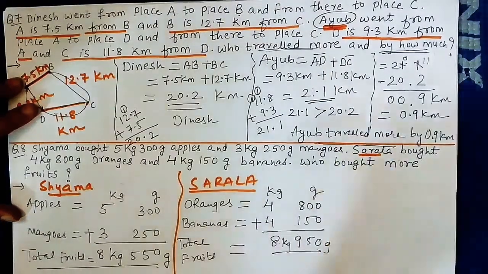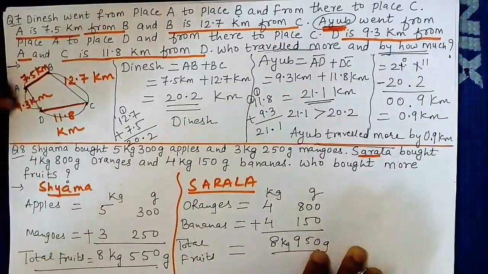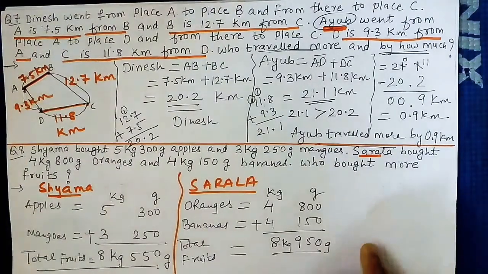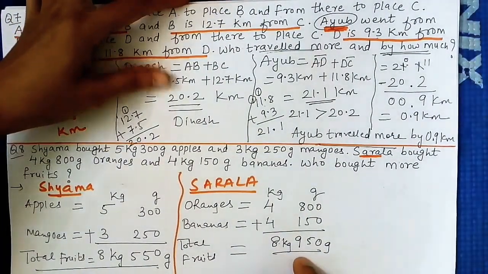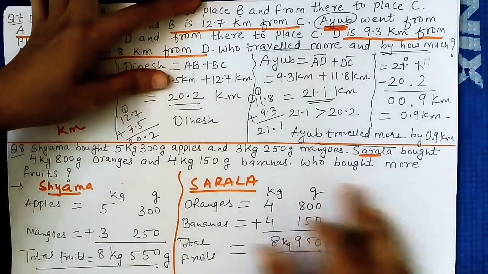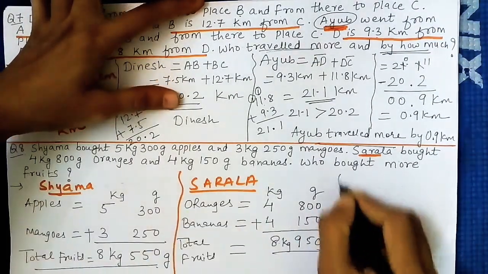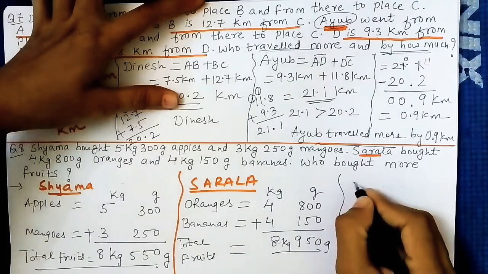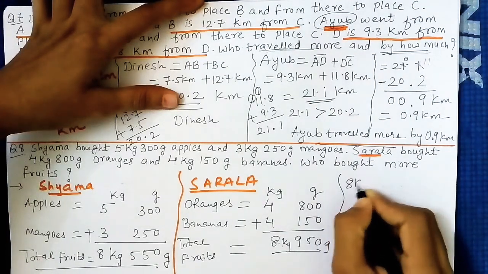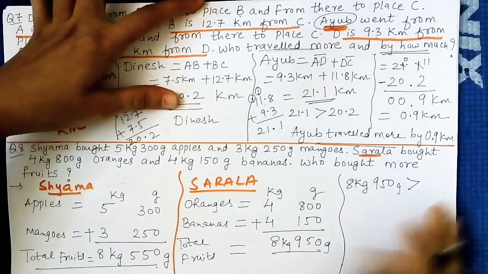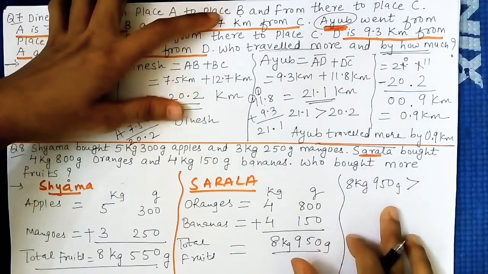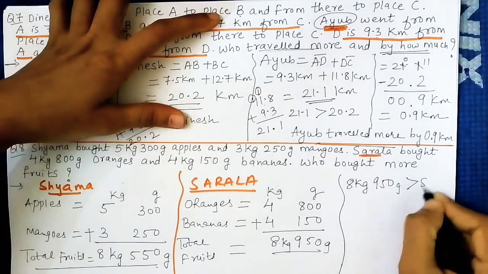Okay, so now here it is 8 kg 550 gram and here it is 8 kg 950 gram. So obviously 8 kg 950 is greater. So who bought more fruits? Sarla bought more fruits. So you can write down that 8 kg 950 gram is greater than 8 kg 550 gram.